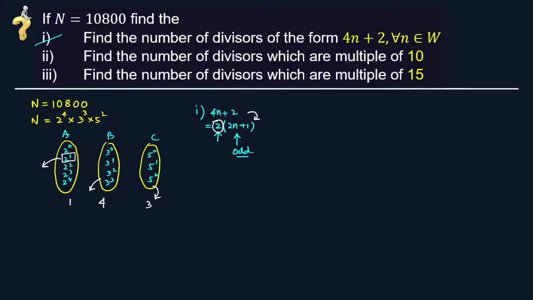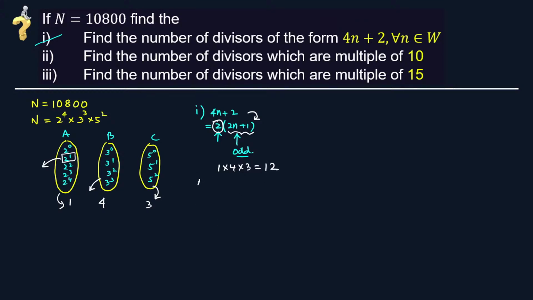So 1 two will come from set A, because there are no 2s present in the other sets. It can be selected only in one way. And now the other elements can be selected from B and C, so any element can come from B and C because they will all be odd numbers. Are you getting the point? Therefore, the total number of divisors of the form 4n plus 2 will be 1 into 4 into 3. That gives us 12. Is it clear to all?